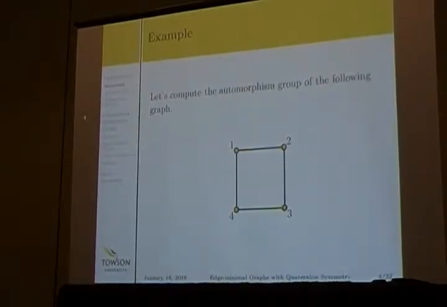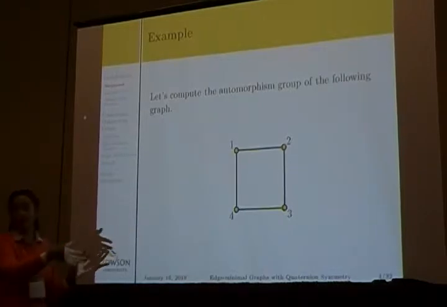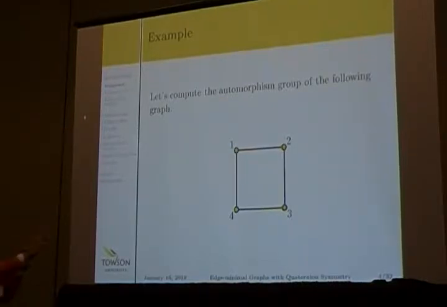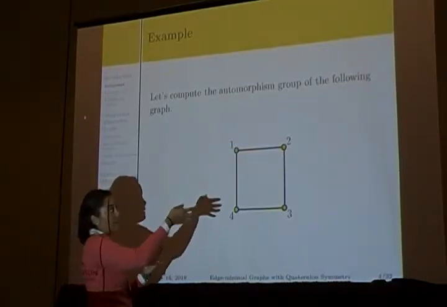In this particular example, every vertex has degree 2. They all look the same. So if we pick one vertex, we can map it to any of the other 4 vertices. From there, we can either switch its neighbors or leave them in the same order.